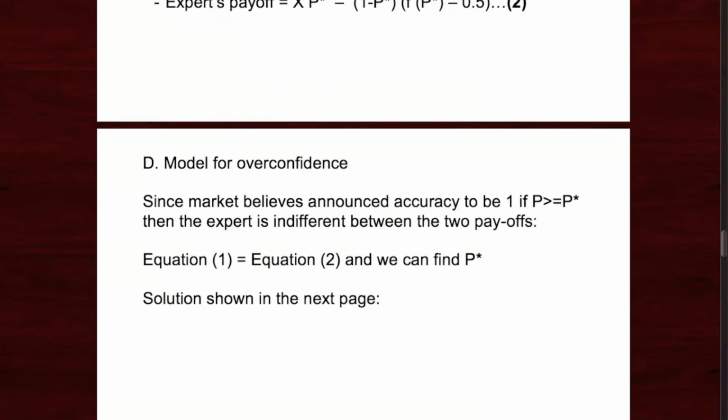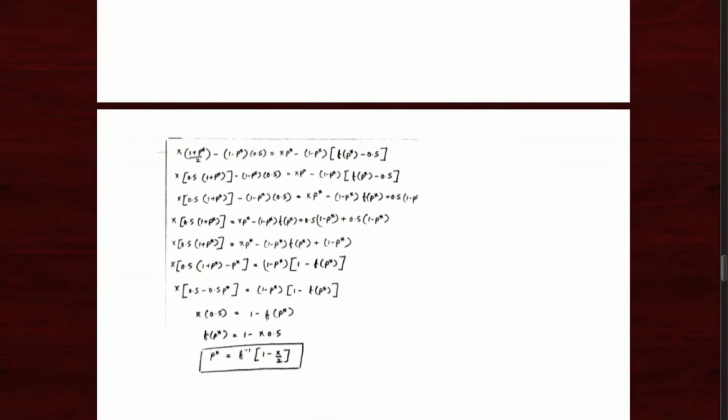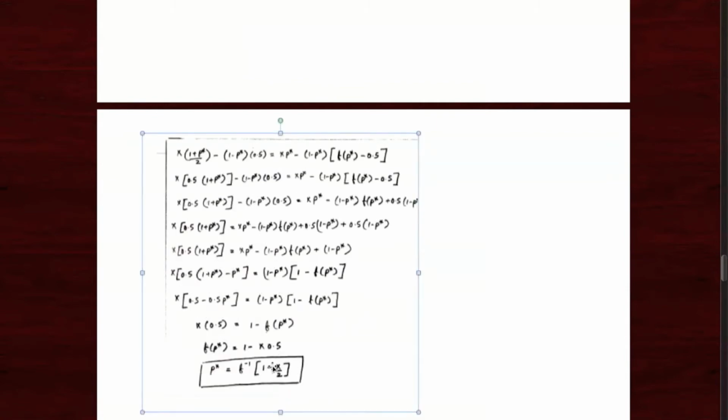So we equate these two equations to find P star. This derivation is in the PDF. It is simply used to calculate P star, which we see as a function of (1 minus x) divided by 2, where x is the scaling factor for M, if you recall.